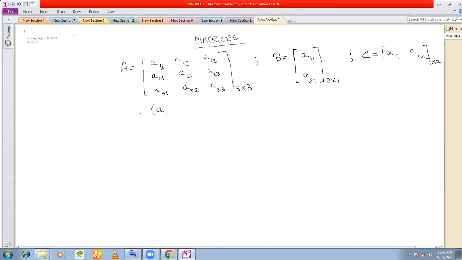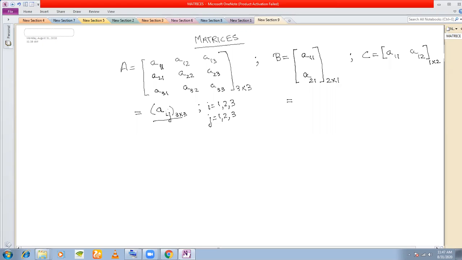Either you can denote it by this symbol or you can denote this by Aij 3 by 3, where I is from 1 to 3, and J is from 1 to 3. So for various values of I and J, you will get the various elements. So this is how we denote a matrix.